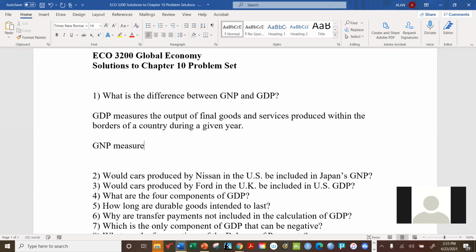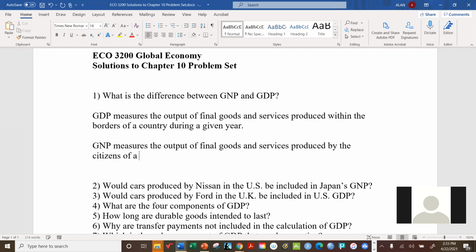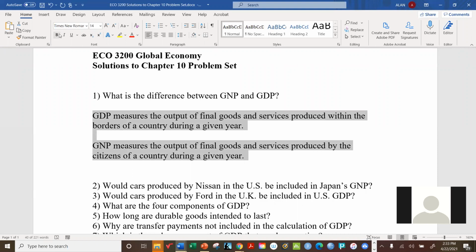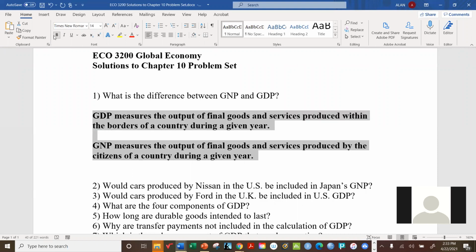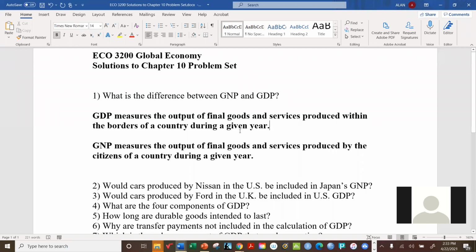GNP, on the other hand, measures the output of final goods and services produced by the citizens of a country during a given year. That's what really separates the two. It's not about what's being produced, but in one case it's where. That would be this first one. GDP is focused on where the output is being produced, and GNP is focused on who produced it.